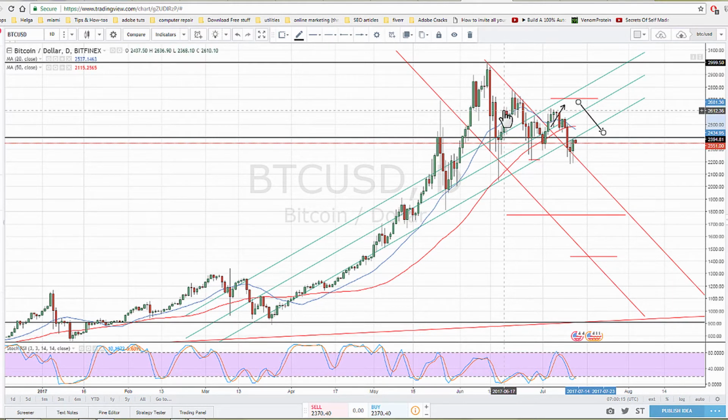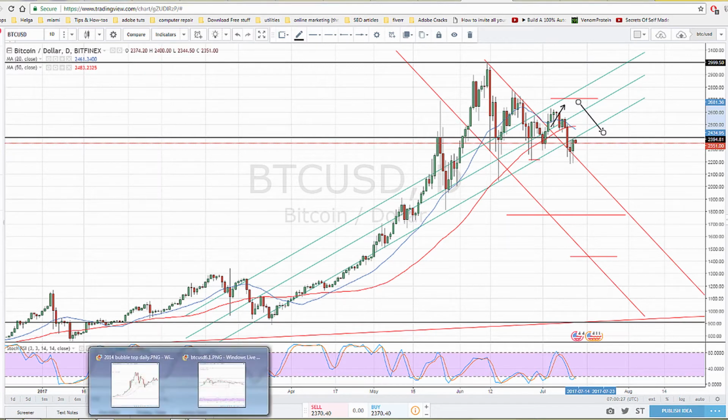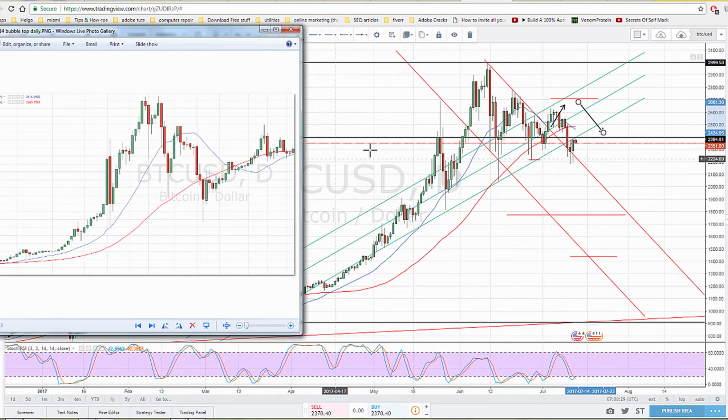That's a resistance line, and when the price was down here and it went up, it hit this resistance line, and then it went down. However, this still seems to be holding true, even though it didn't go up to make a double top with this peak. It did hit resistance here. So I'm going to move this line here.